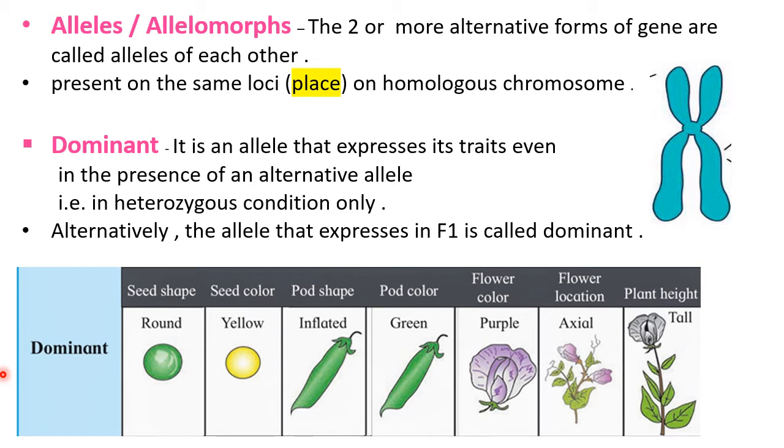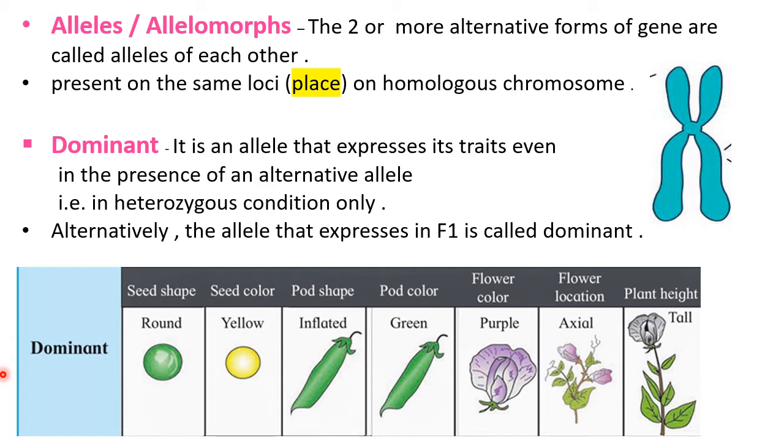Mendel carried out an experiment on pure tall pea plant and pure dwarf pea plant. When he crossed these two plants, in the first generation, also called F1 generation, only the tall trait appeared, while the dwarf trait did not appear.